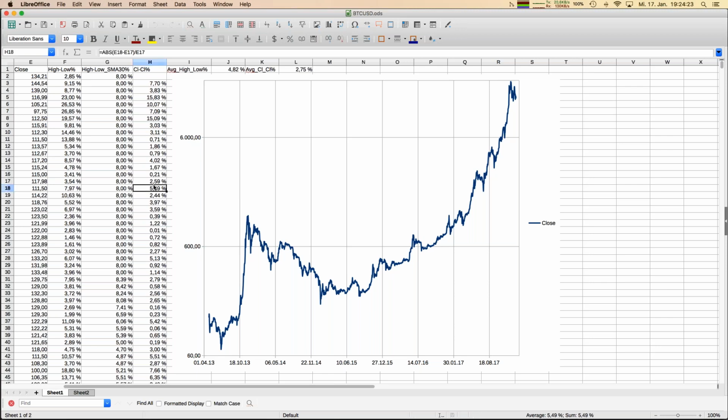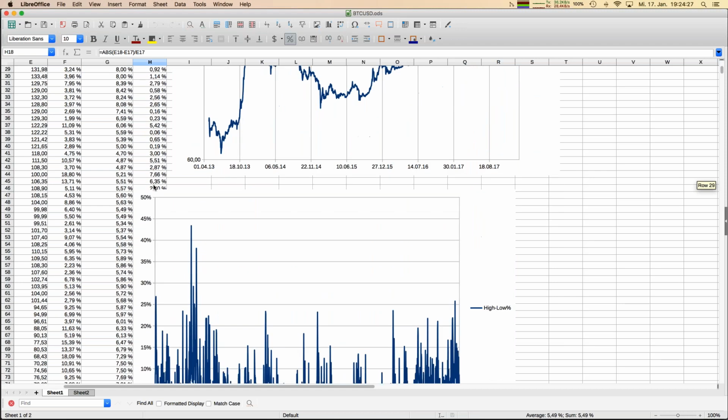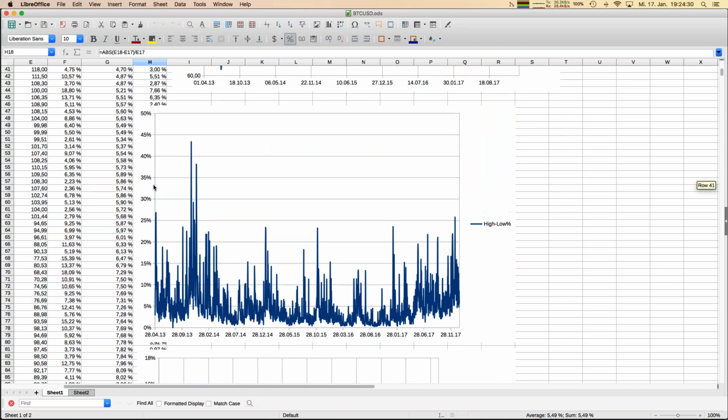But the price itself is not what really counts for us, because we want to look at the volatility of the market. And now what you see here in that graph is that volatility, or better to say, the difference between high minus low, in percentage values. And honestly, those are huge numbers. In a minute I'll show you the comparison to the DAX, and then look at the scale.